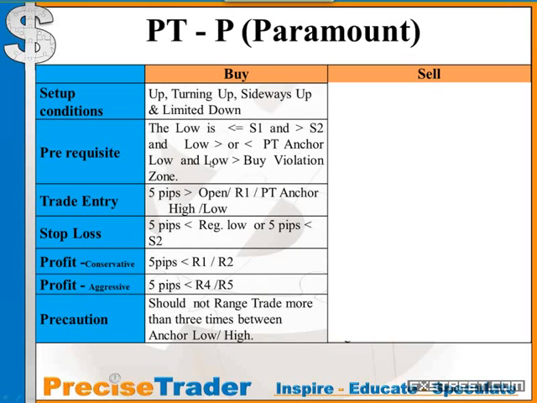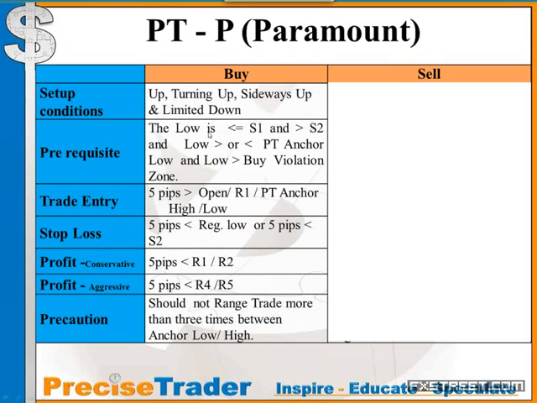That means what you need to do is check whether the low is below S1 or equal to S1 and greater than S2, and the low is greater than PT anchor low. The anchor low is given on the trade preparation zone, and the low is greater than the buy violation zone.